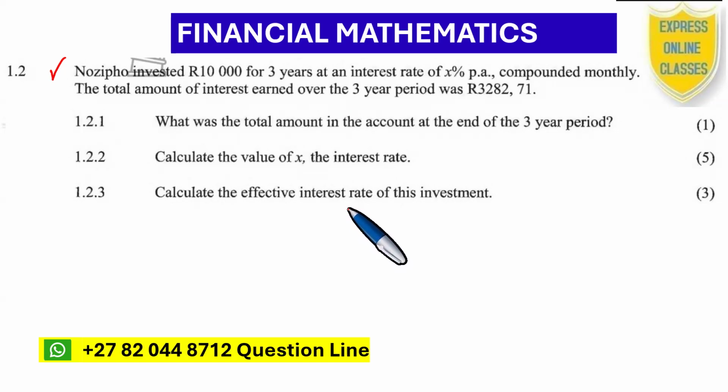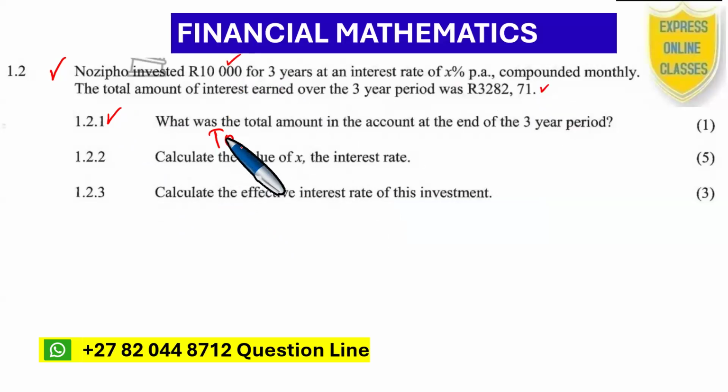13,282.71. Well done. So now we recall that to get the total amount, it is the present value together with the interest added.